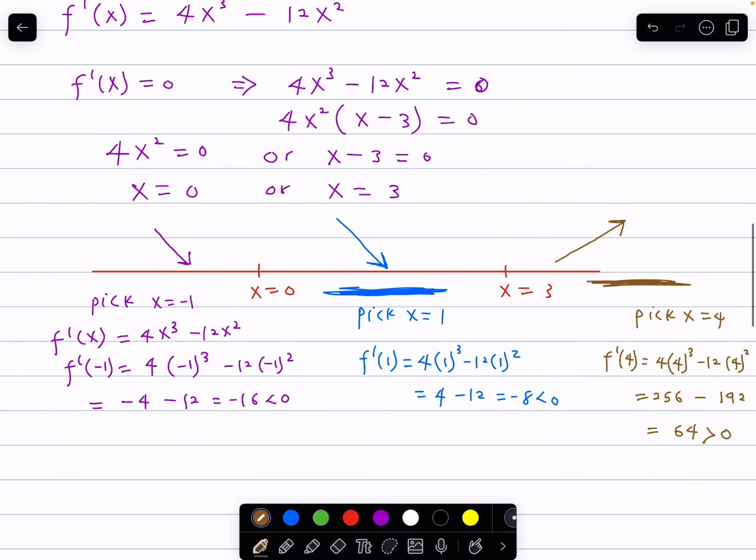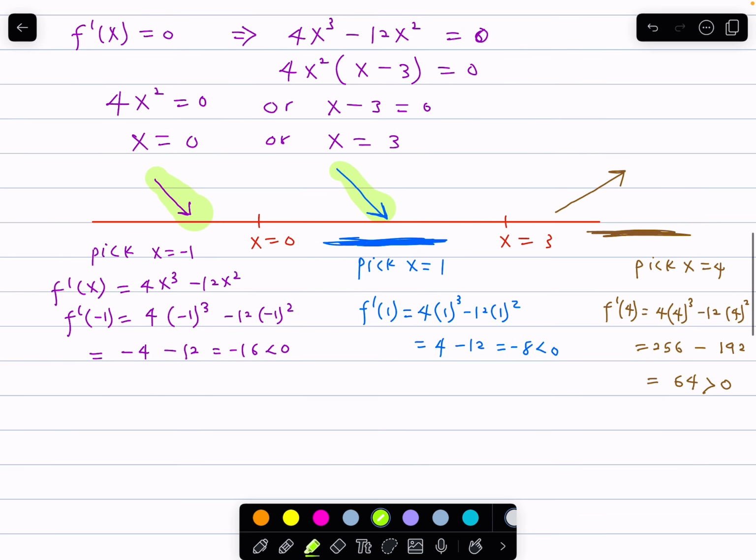Okay, so now we can see that to the left of x equal to 0, the function is decreasing. To the right, between 0 and 3, the function is also decreasing, right? So that means x equal to 0 is not a critical point, because at the critical point, the function should be changing from either increasing to decreasing or from decreasing to increasing.